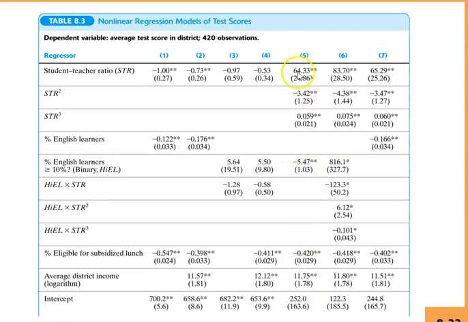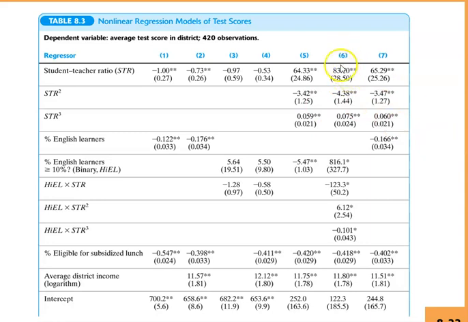In this scenario, you can see that the significance on the coefficient of student-teacher ratio comes back, and also the squared student-teacher ratio coefficient is significant at the 1% level of significance. It points to the possible existence of non-linearities in the relationship between student-teacher ratio and test scores.